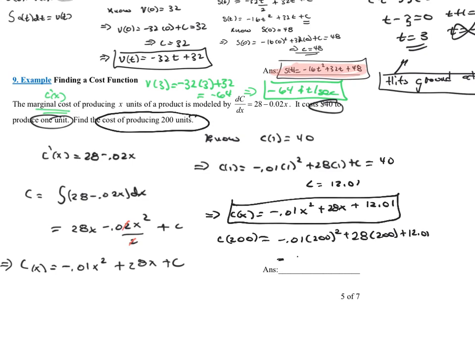Let's see what you get. I'm getting the cost of producing 200 units would be $5,212.01. So again, we integrated, we had our arbitrary constant, we used our initial condition to find the true cost function, and then from the true cost function, we were able to figure out the cost of producing 200 units.